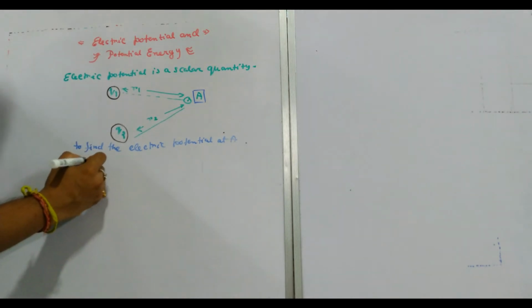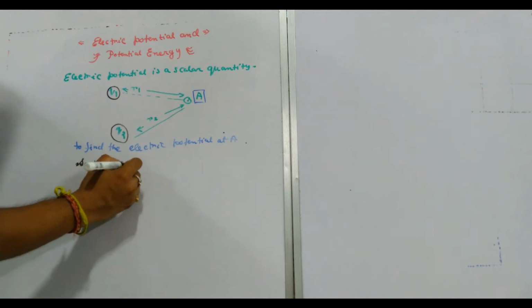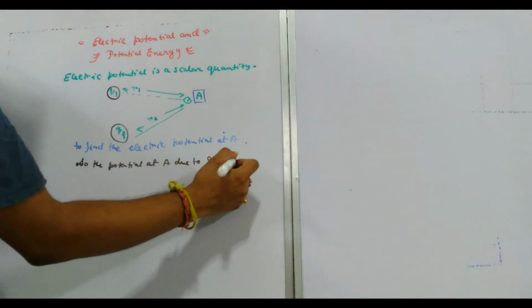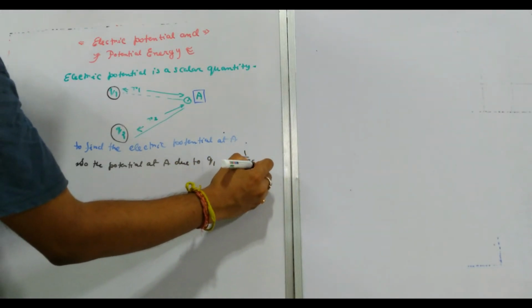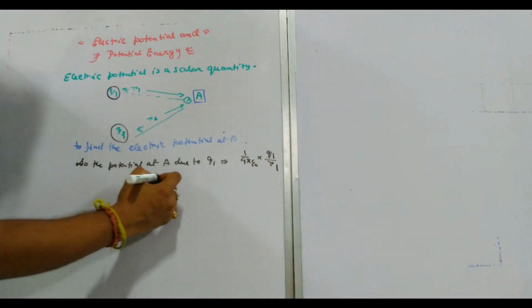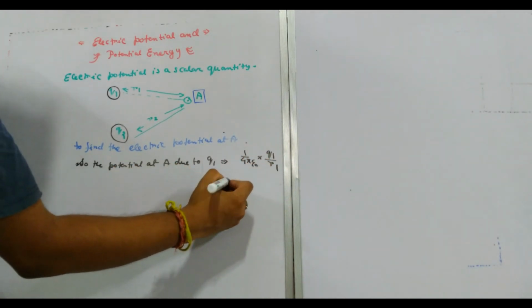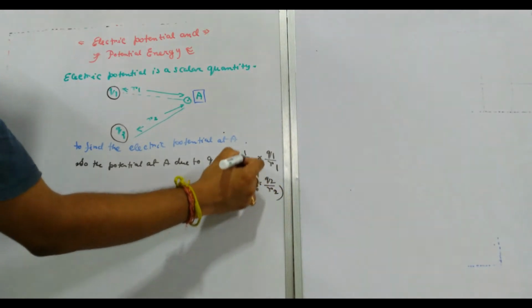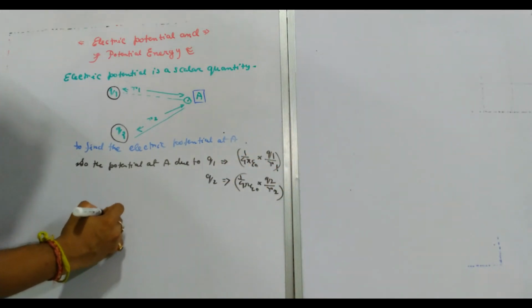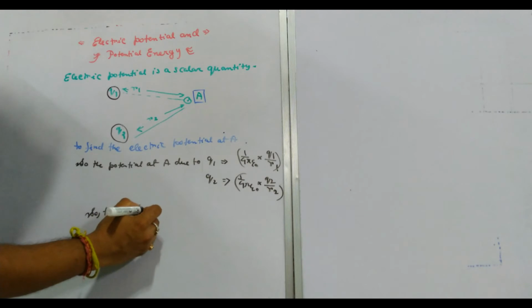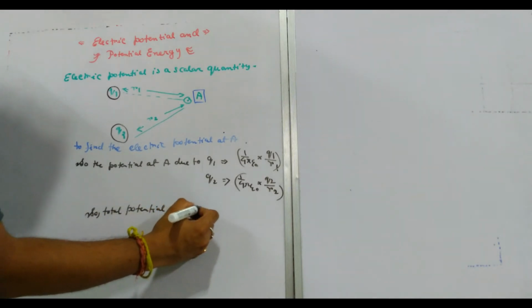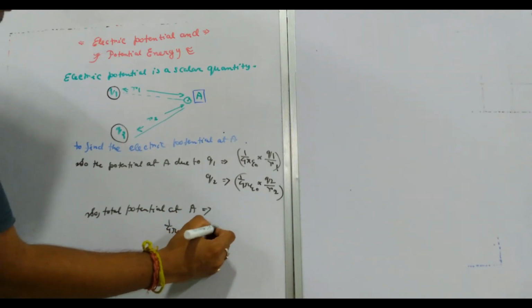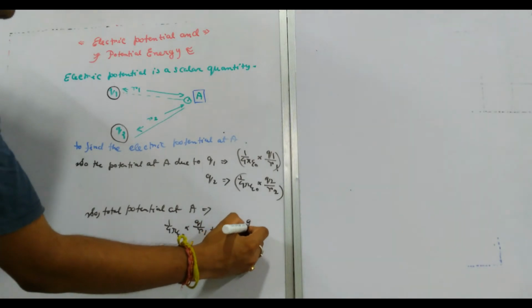So, the potential at A due to Q1 will be 1 by 4 pi epsilon naught into Q1 by R1, and due to Q2 that will be 1 by 4 pi epsilon naught into Q2 by R2. So, total potential at A will be 1 by 4 pi epsilon naught into Q1 by R1 plus 1 by 4 pi epsilon naught into Q2 by R2.